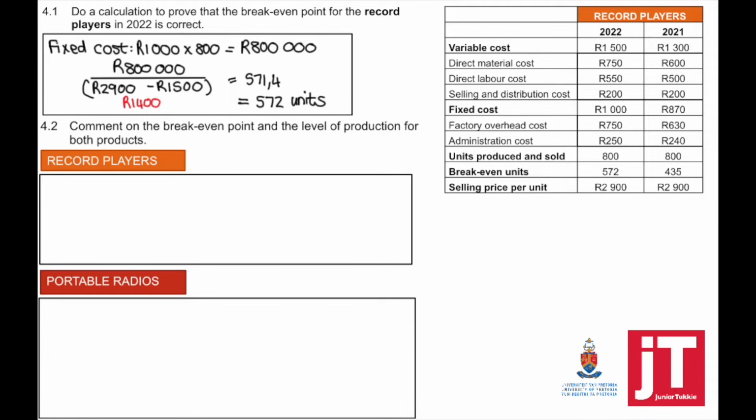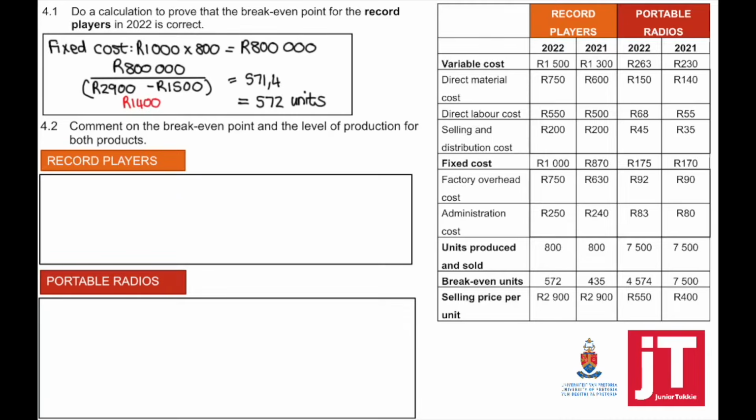Question 4.2. Comment on the break-even point and the level of production for both products. So if we first look at record players, the break-even point increased from 435 units in 2021 to 572 units in 2022.